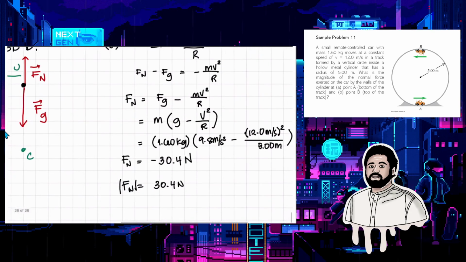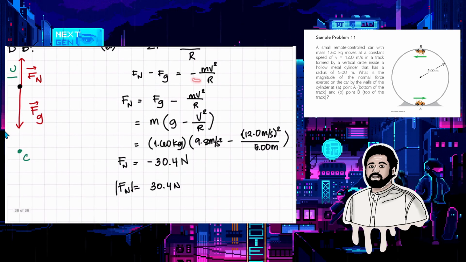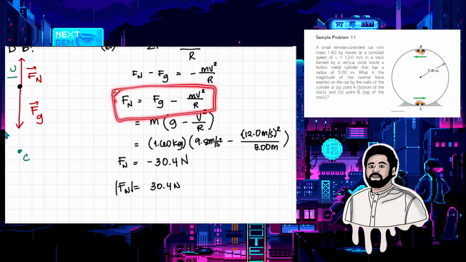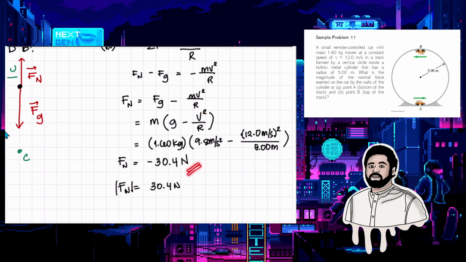So you have a negative radial acceleration, and we now have this working equation. Solving for that, the normal force is actually negative 30.4 newtons. But we're just asked for the magnitude, so we have 30.4 newtons.